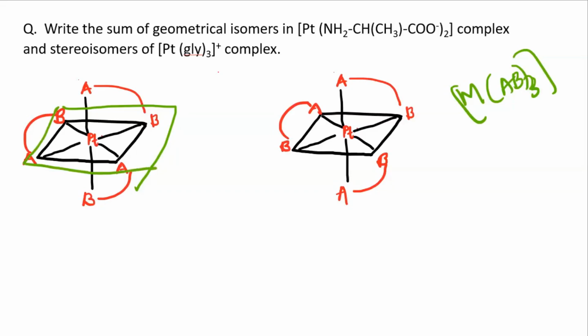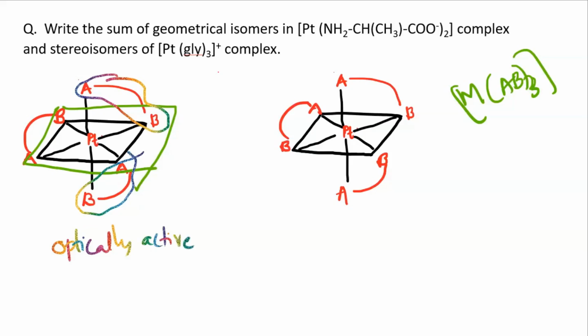the first part, this A and B part, is on the back side of the rectangle, while this B and A is on the front side of the rectangle. So obviously it does not have any plane of symmetry, so we will write it as optically active.